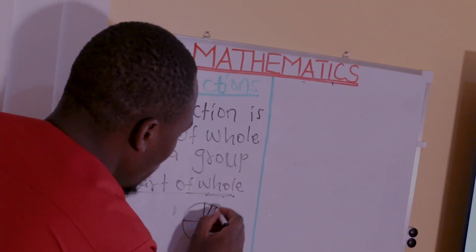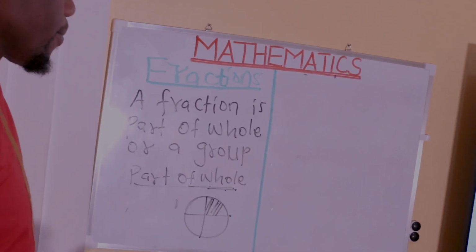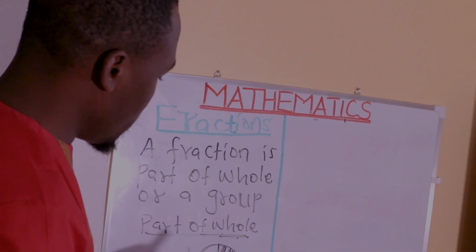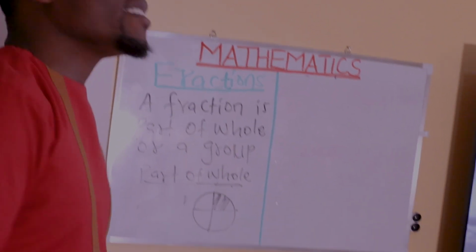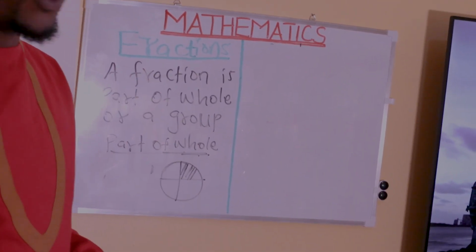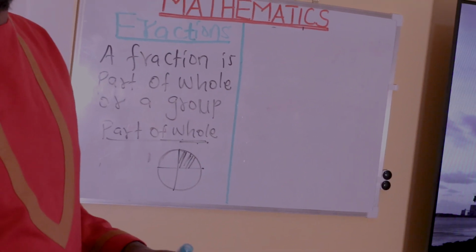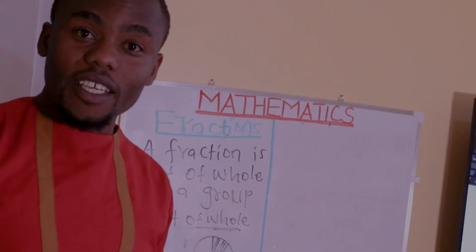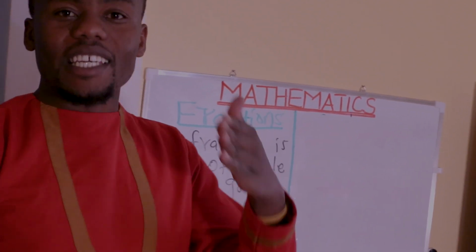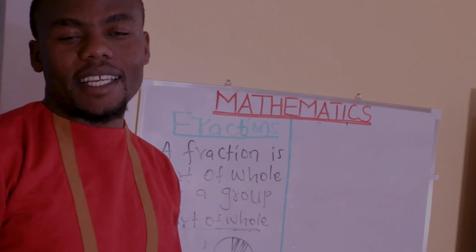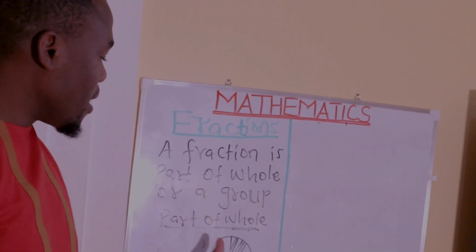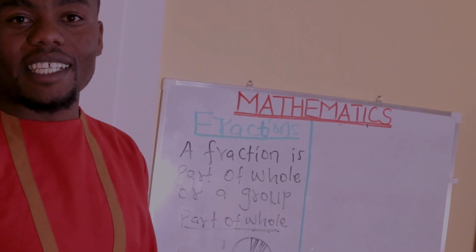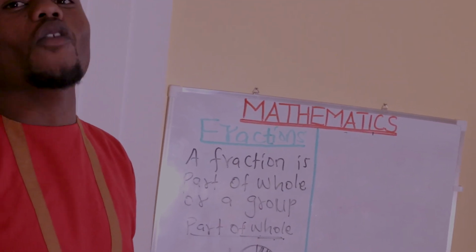Then you decide to eat only this piece. This piece is just part of a whole. So we explain that as part of a whole. It doesn't necessarily have to be a chapati. It can be an orange, something that you can easily cut into equal parts.